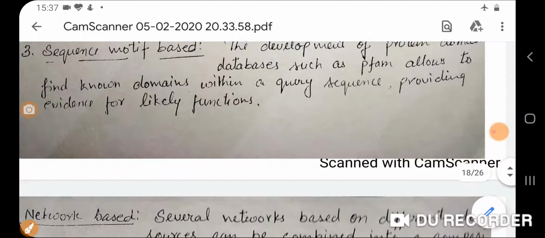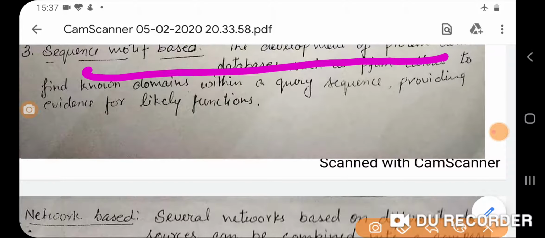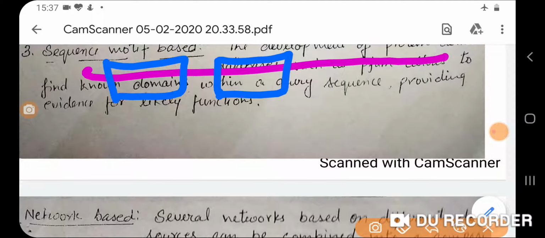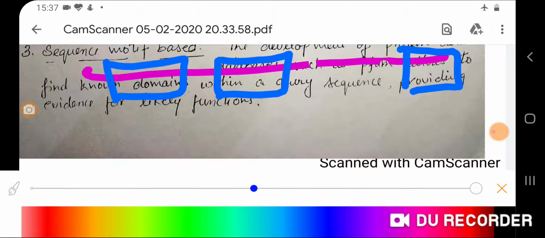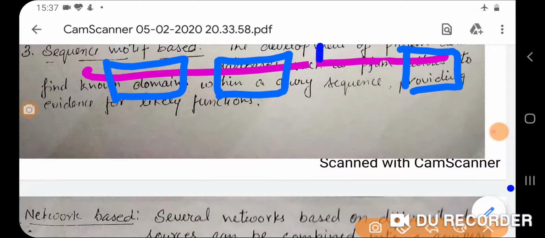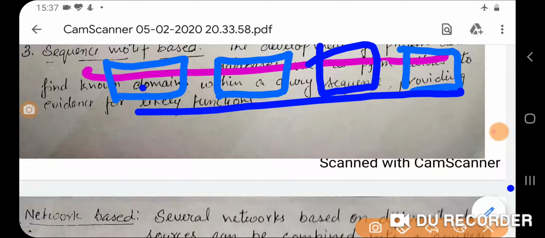So this is a protein sequence, and this is 1, this is 2, this is 3, and this is the 4. So these are the 4 motifs. It becomes a motif because it is the same sequence repeating again and again. Okay, so now it is clear, I hope.